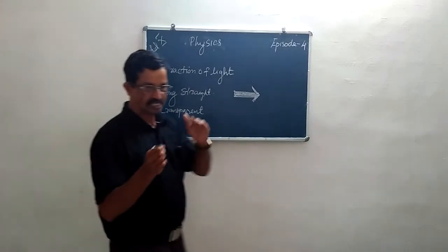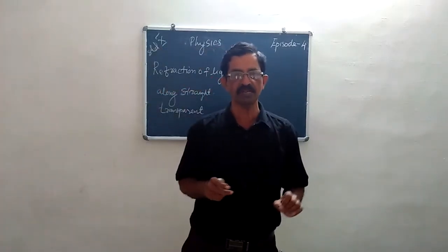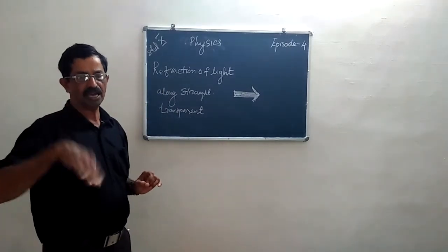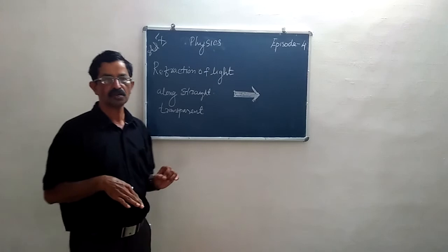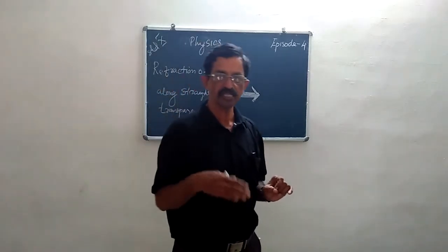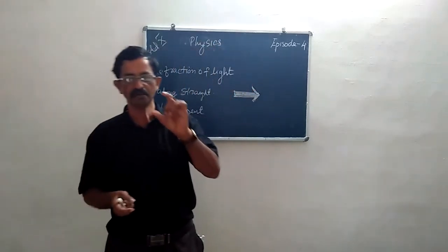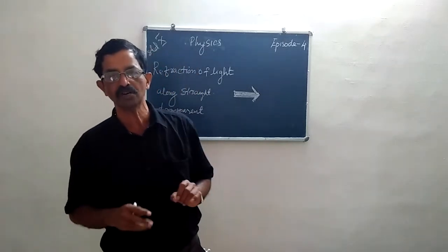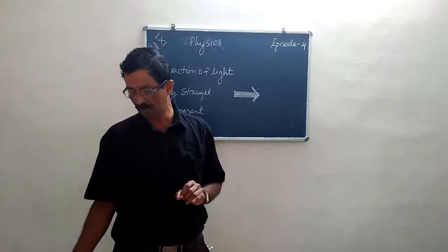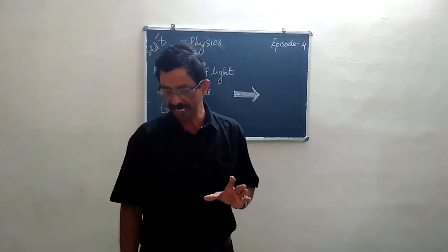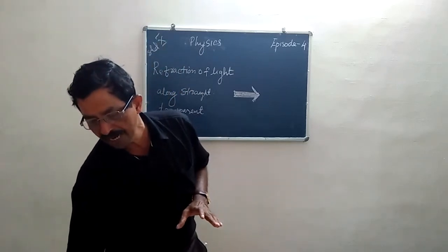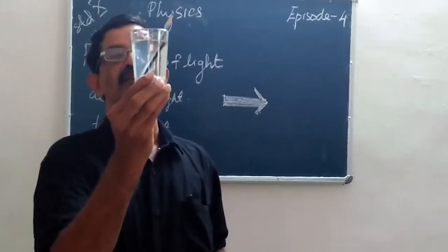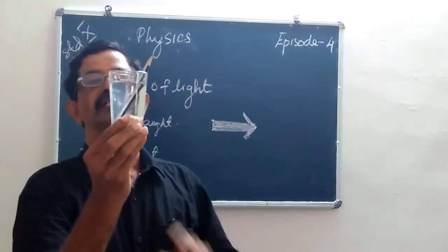See, in the first medium, light travels along a straight line. When we consider the second medium, light also travels along a straight line. But from one medium to another, see the case of a pencil kept in water.